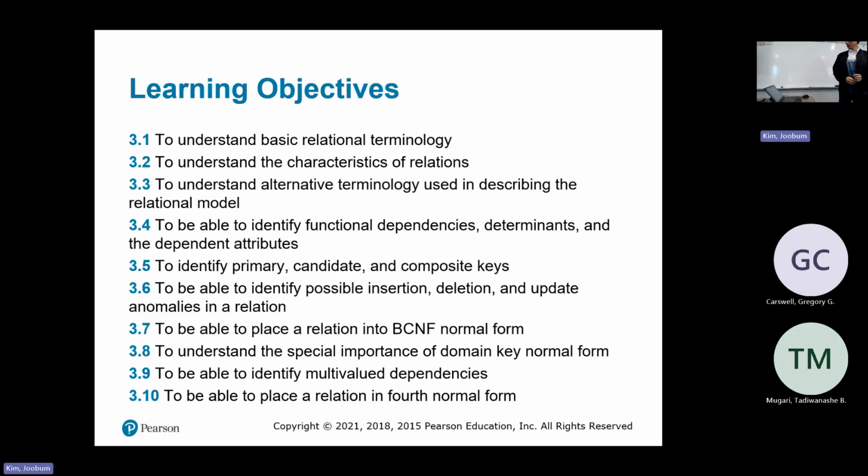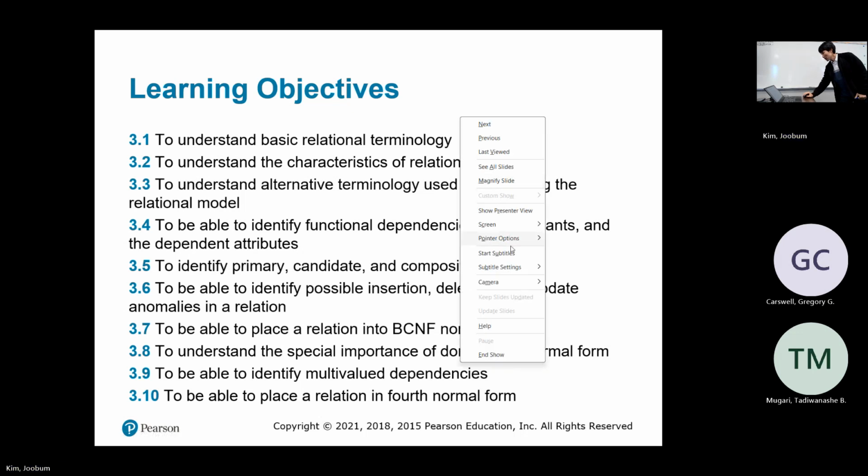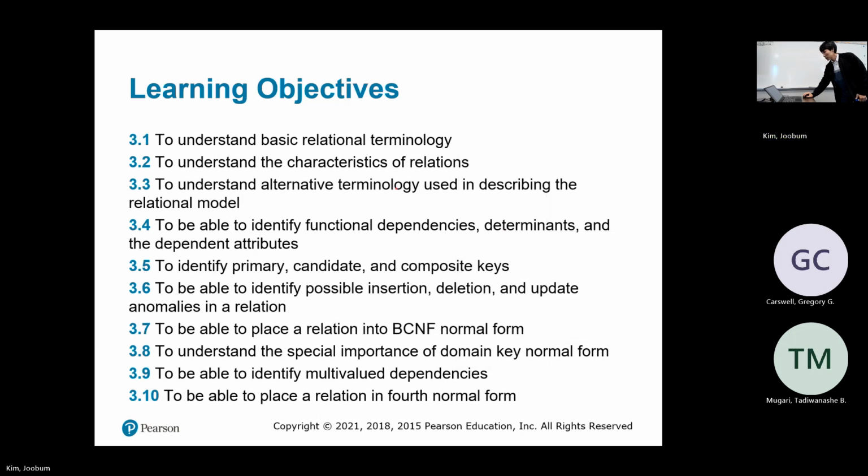In this chapter, we'll take a look at some basic terminology and concepts related to the relational database. We'll look at the terminology, what a relation is, functional dependency, determinant, dependent attributes, keys, and then normalization: first, second, third normal form, BCNF, and so on.